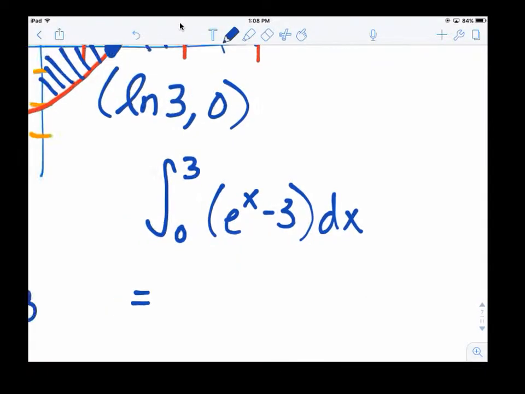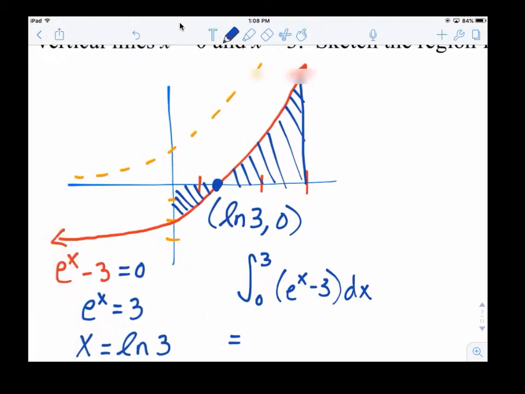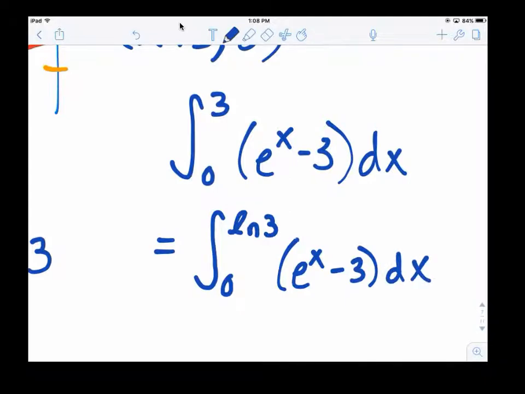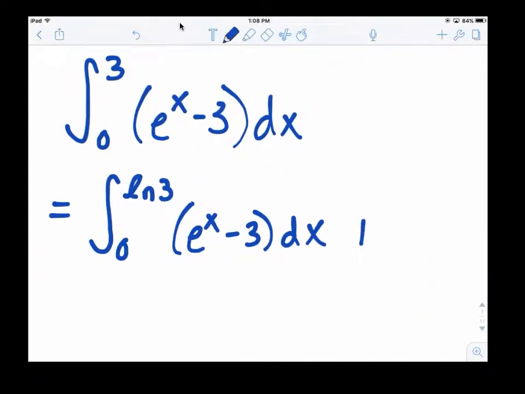If I break that into two separate integrals, two separate areas, what would my first region be? 0 to ln of 3. So this would be 0 to ln of 3 of e to the x minus 3, and I'm going to add with that what? Ln of 3 to 3. Good.